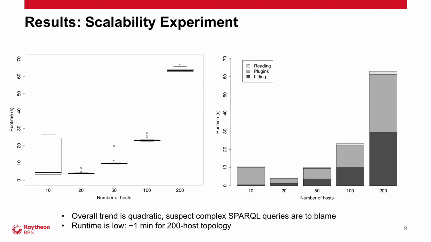We can see here that the overall trend is unfortunately quadratic. However, we suspect this could be due to complex Sparkle queries in some of the plugins. I'd like to make a note that the overall runtime is low: even for a 200 host topology, it takes roughly 1 minute for the semantic processing pipeline to extract that connected graph.